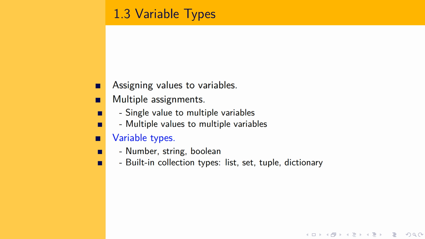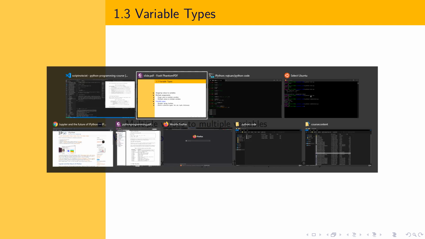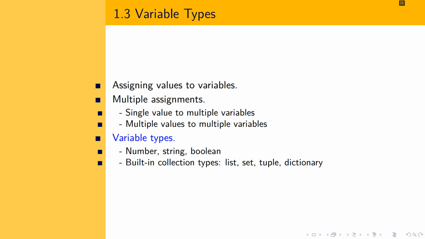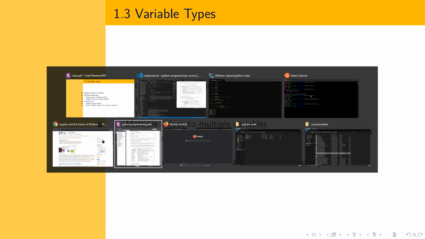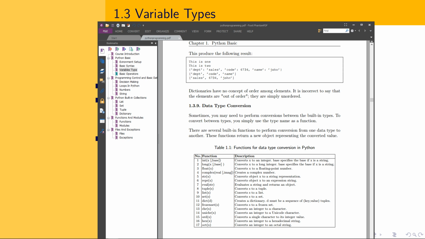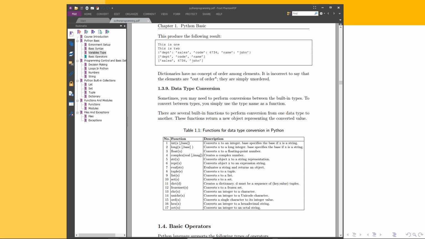Sometimes you need to convert a variable to a specific type you want. Python also provides many built-in functions to do this. For example, you can convert a number to int or to float. So let's look at the textbook. Here I suggest you take a look at the textbook for more detail.